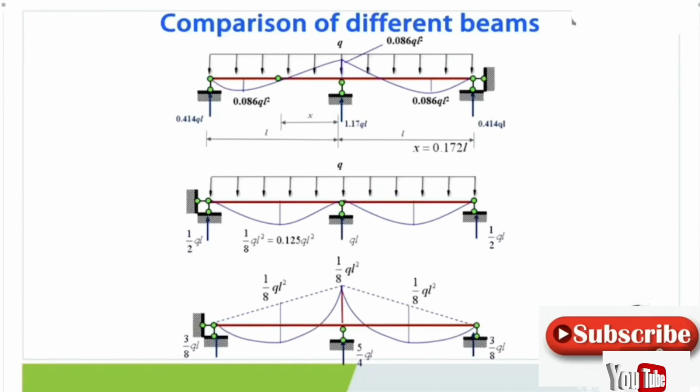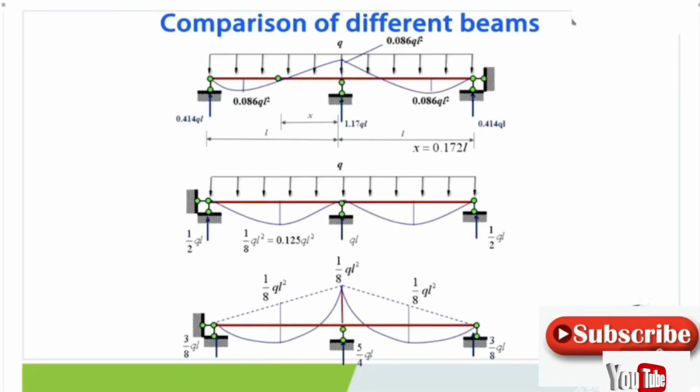Then let's compare the 3 different types of beams under the action of the same external load Q. For this determinate multi-span beam, the maximum bending moment is 0.086 QL squared. It's smaller than the 2 neighboring simply supported beams, which is 0.125 QL squared. But the support reaction of the middle support here, that's 1.17 QL, is greater than that of the 2 neighboring simply supported beams here, that's QL.